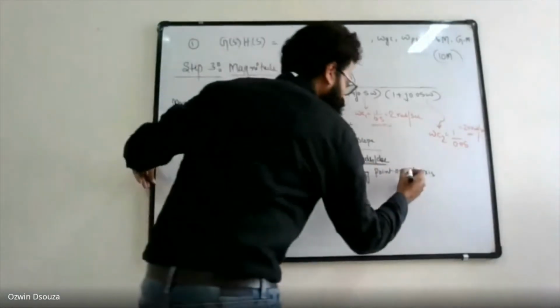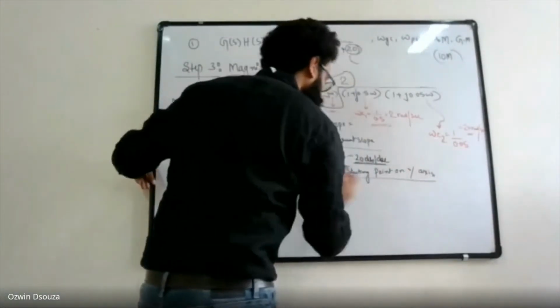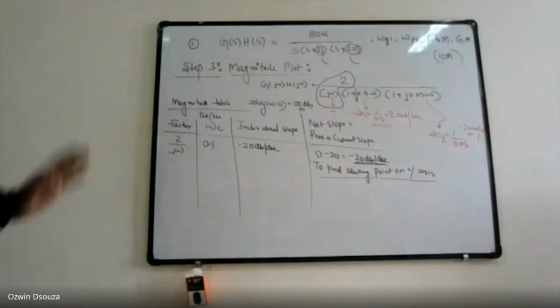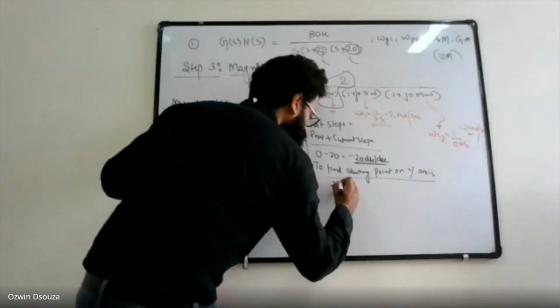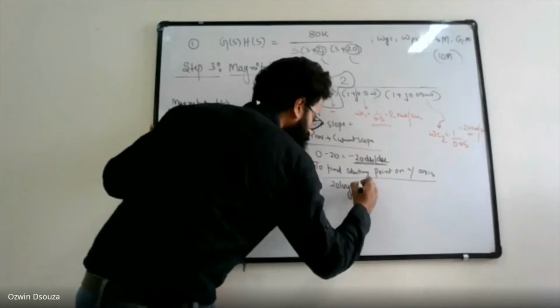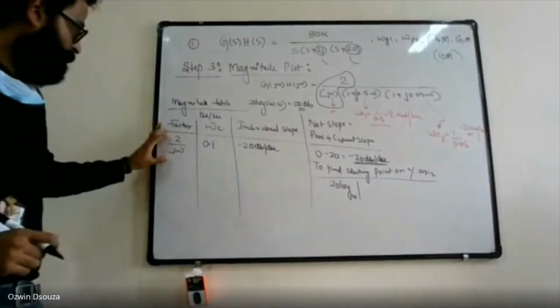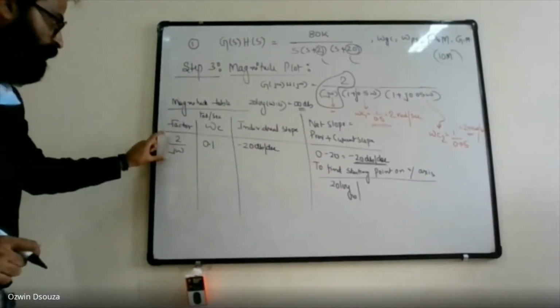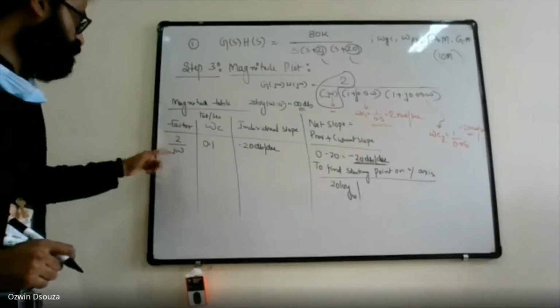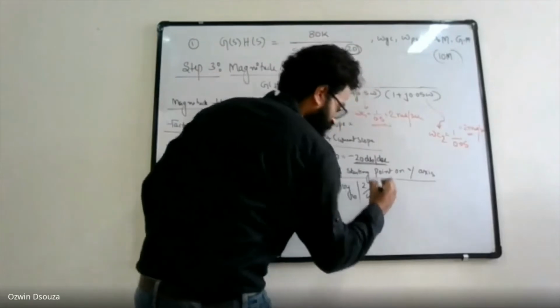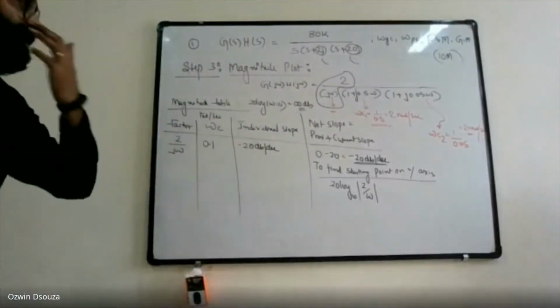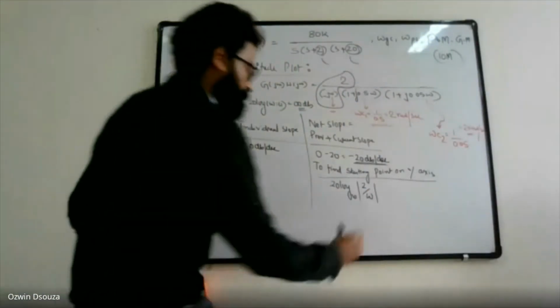That can be found only by finding out the point value on y. That's pretty simple. You find 20 log to the base 10 of the mod of this function, that is 2 by j omega. It is basically 2 by omega. So 20 log 10, 2 by omega.